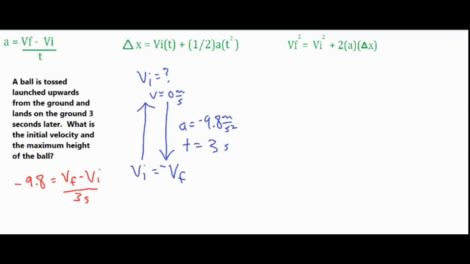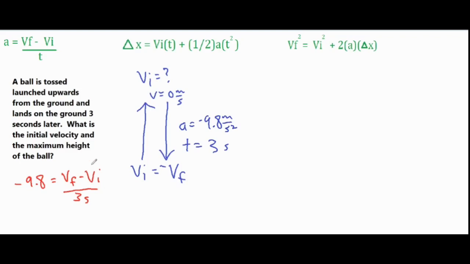And what we're going to have to do here is a little substitution because we have 2 unknown variables. We just want that VI. So what we can do is a little substitution here.